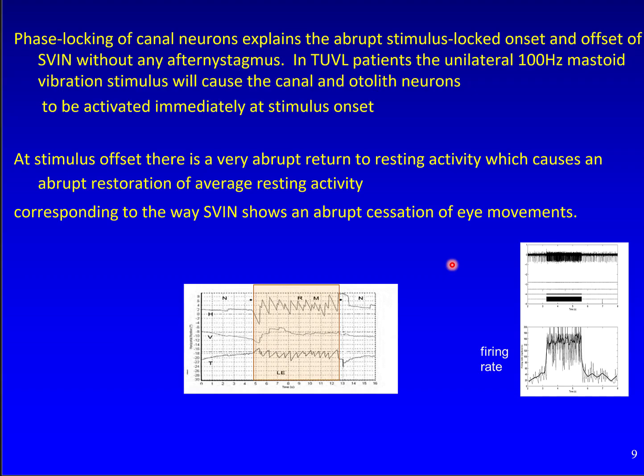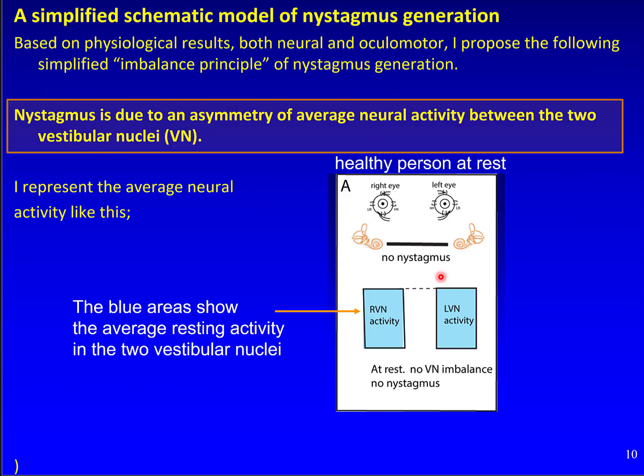That corresponds to the way vibration-induced nystagmus is activated at the onset of the stimulus and turned off at the offset. There isn't the kind of decay or reversal that you're familiar with in so many other forms of nystagmus. This is different, and it's different because each individual cycle of the stimulus is generating this neural response.